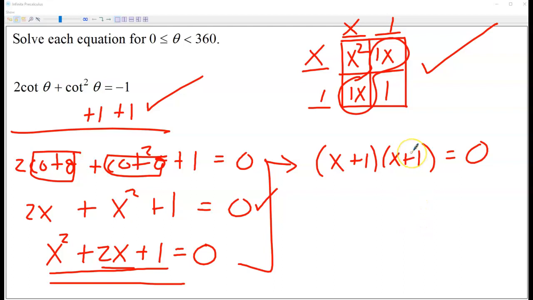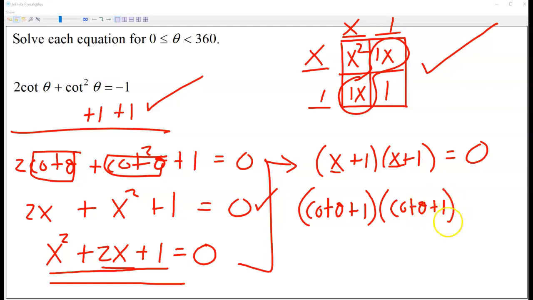And then step 4 is to replace this letter here with what it represented. Remember, the x was actually cotangent. So I'm going to rewrite this now. This is cotangent of theta plus 1, like that. And then what you do is you set both of these equal to 0 and solve.